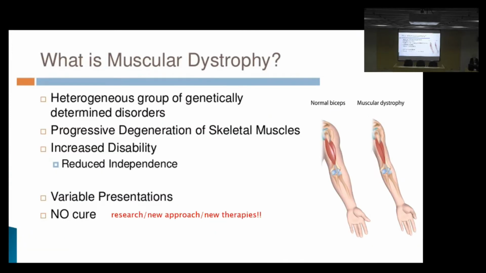So what is muscular dystrophy? With the term muscular dystrophy, we combine all genetically determined disorders affecting the muscles. They generally lead to progressive degeneration of the muscles with increased disability and obviously reduced independence. And they have a very variable presentation. That's very challenging in genetics, because the symptoms the patients face are muscular weakness in different parts of the body.